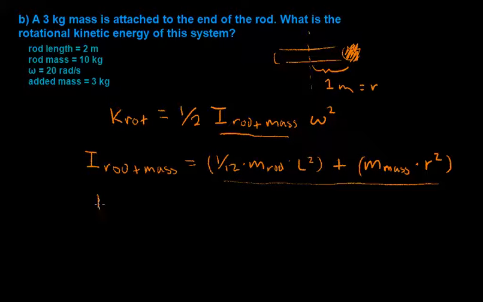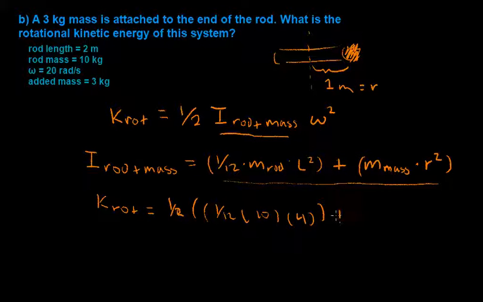So we can put that down here so that it's all one big equation. We have 1/2 times our I, which is altogether 1/12 times the mass of our rod, which is 10 kilograms, times the length of our rod squared, which is 2 squared, which is 4.